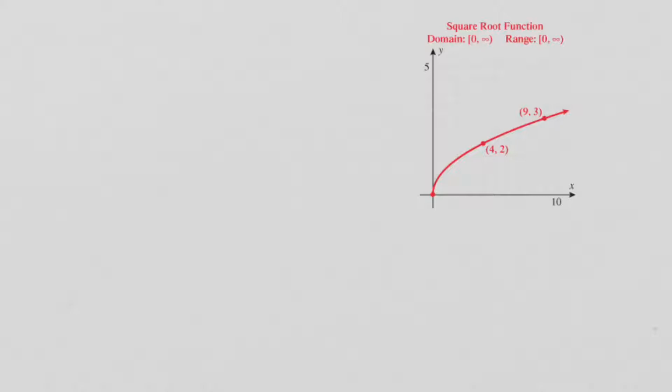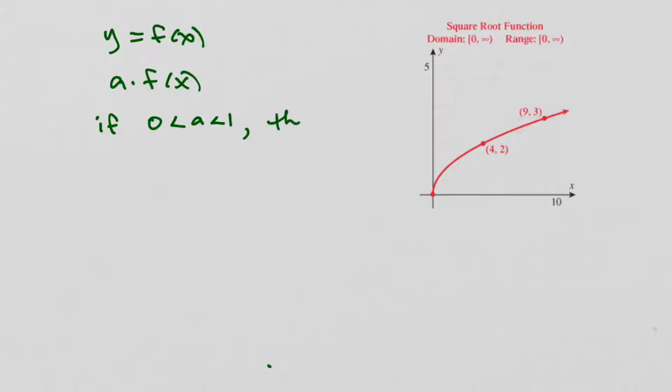All right, the next thing is, remember we have this function y equals f of x. What happens if I multiply by some number on the outside here? If that number is bigger than 1, it's stretching it. But what if that number is between 0 and 1? Well, what's going to happen is when we multiply our y value by that, it's going to actually make it smaller. Then we're going to be compressing this function.